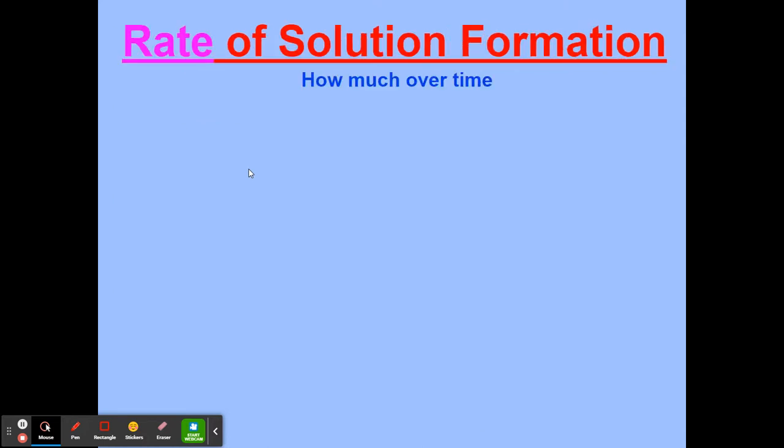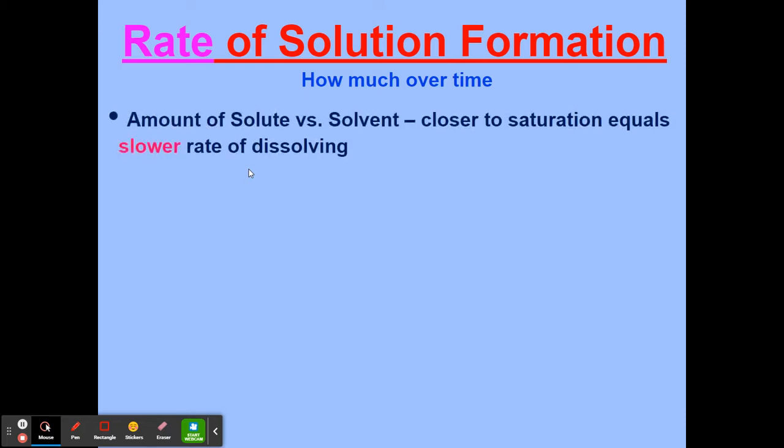All right, rate of solution formation. So how quickly a solution is formed. I say how much over time. We'll talk about rate in the next unit on equilibrium, but right now rate is essentially time. It's not a time unit, but it's a way to measure it. How quickly something dissolves does have an impact on how much solute is already dissolved.